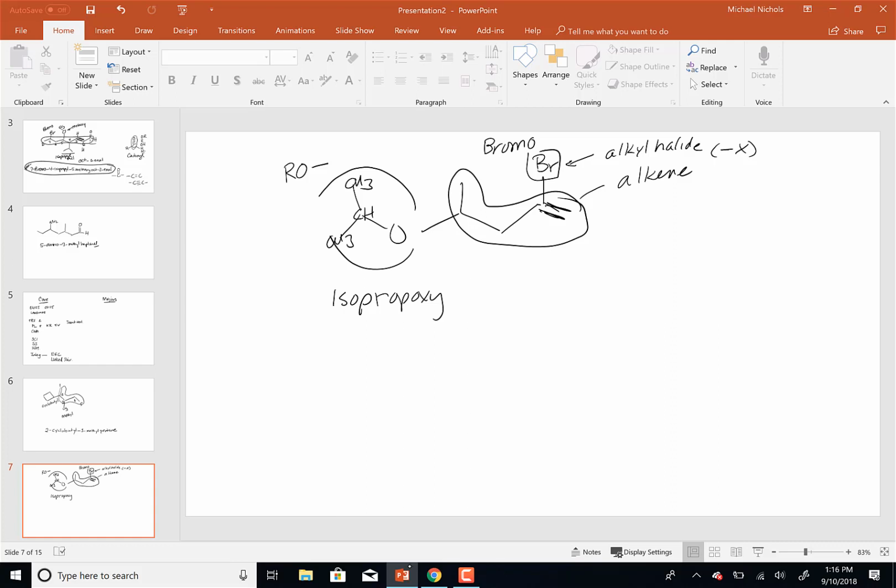An alkyl halide is an X attached to another carbon atom, or organic group. So Br is attached to an alkene group? Does that alkene group count as that R? Yeah, it still counts as that R. R is any carbon group.